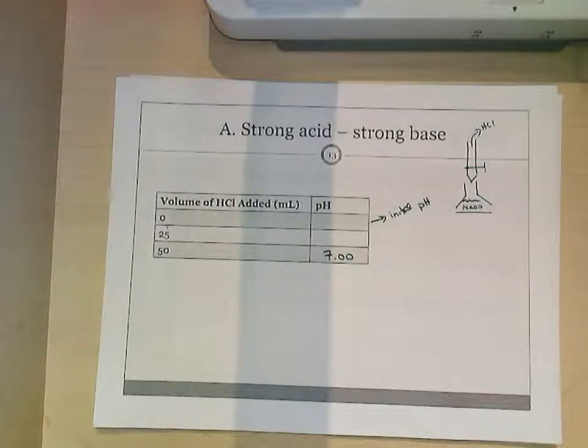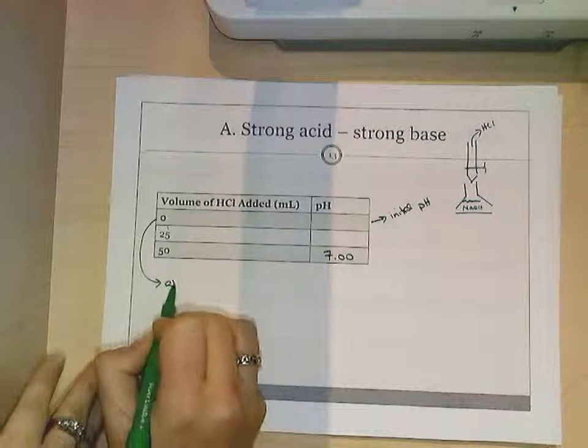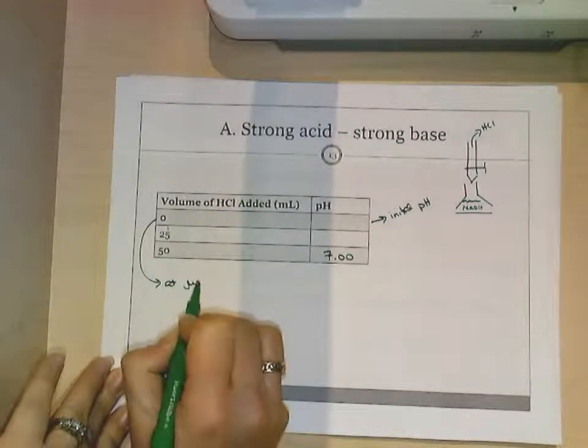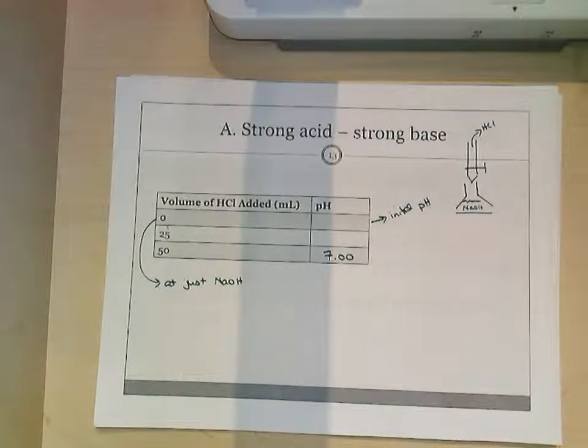At this initial point, we're at just NaOH. Is there any acid in my solution? No. How would I go about figuring out a solution that's just a strong base?